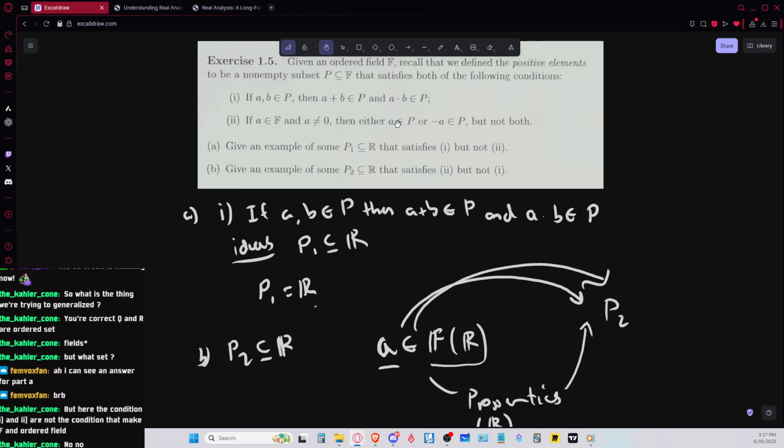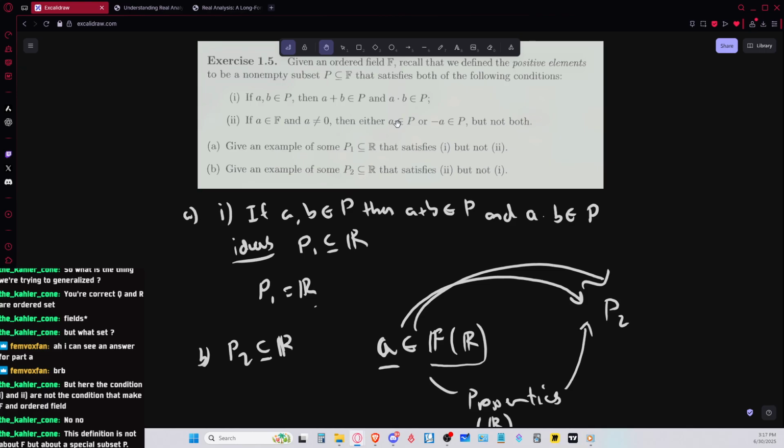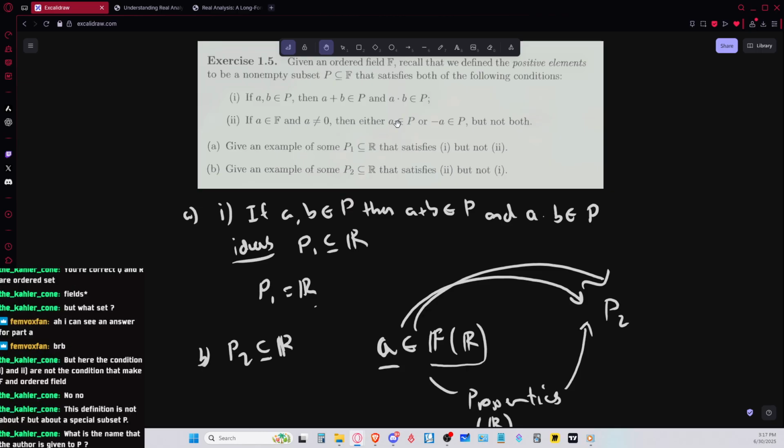Because practically we're trying to make it so, because it seems as though P has to be a subset of the field, right? So if P is a subset of the field, then that means it has like the elements.